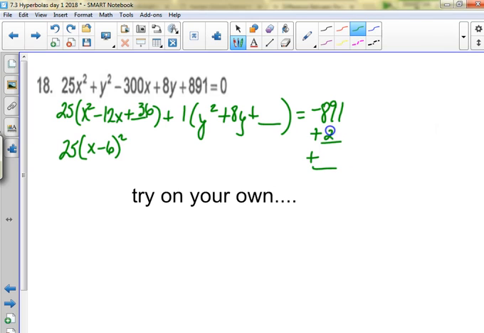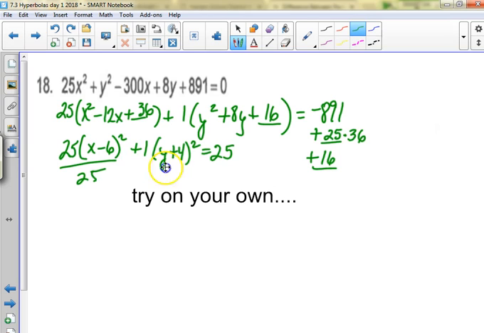Somebody check me because I'm not using a calculator. Or is it 12? Okay, so I got 25 times 36, that's a big number. This one's 900. So I'm at 9 so far. So did I get 25?